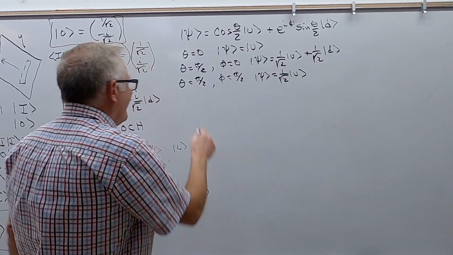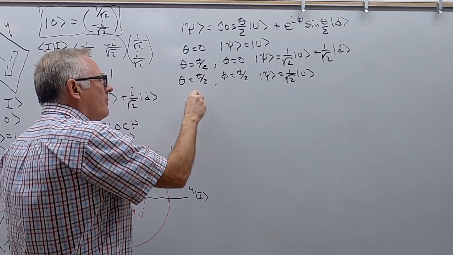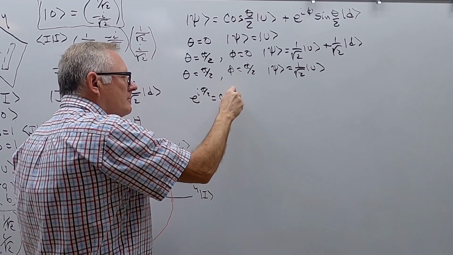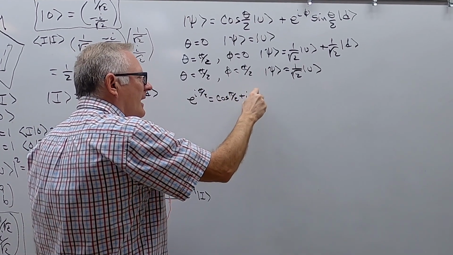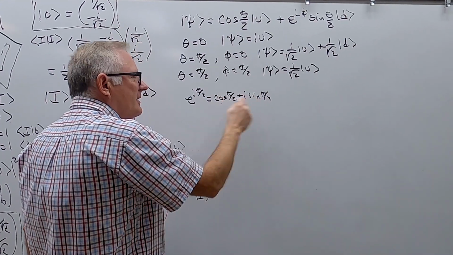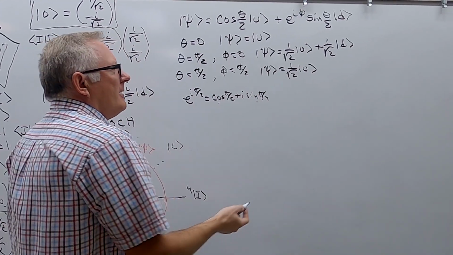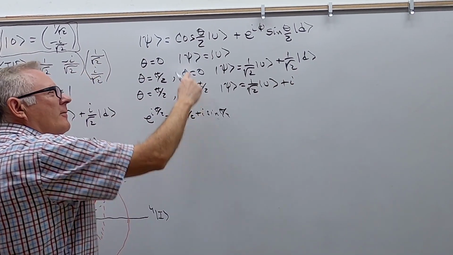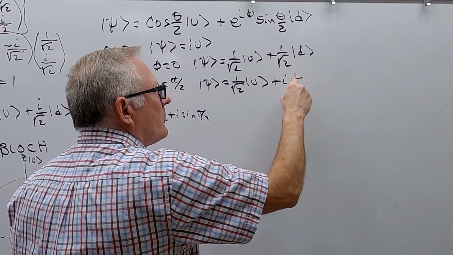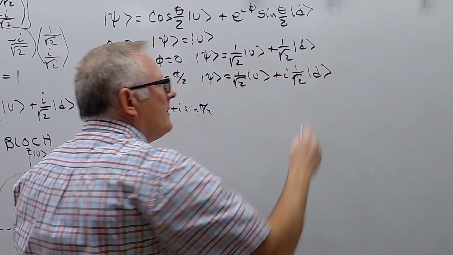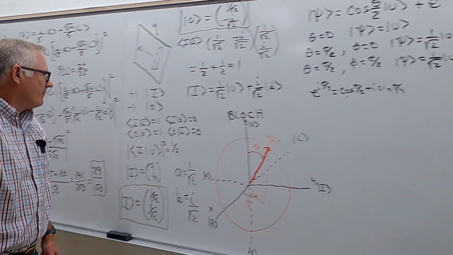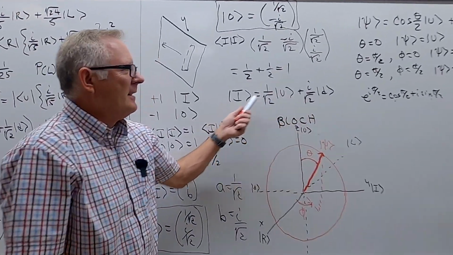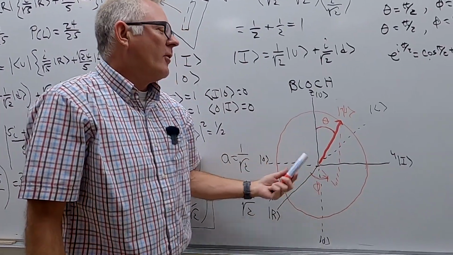Remember, we said e to the i pi over 2 was cosine pi over 2 plus i sine pi over 2. Well, that's 0 and that's 1, so it's just i. So it's just plus i times the sine of pi over 4, which is 1 over the square root of 2, down. Which is exactly what I had for my in, which was right here. Here's my in.